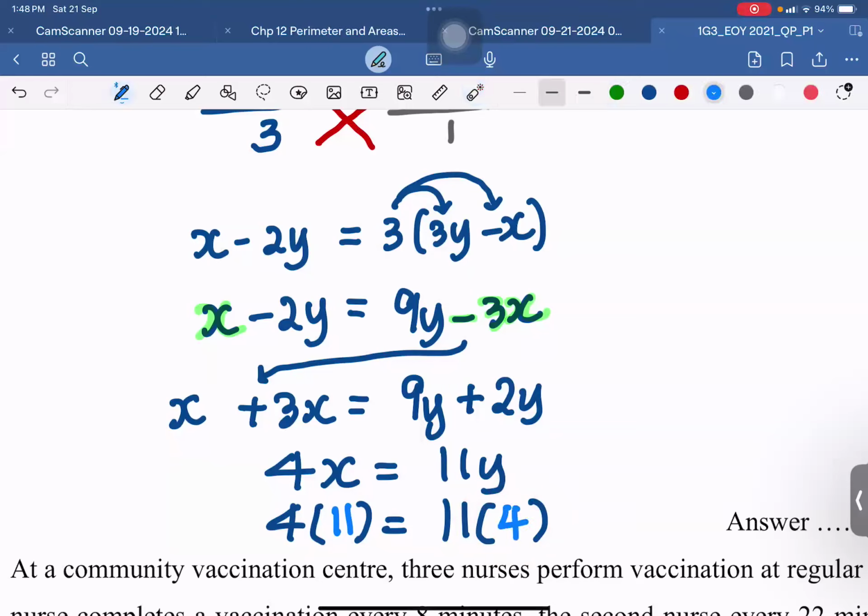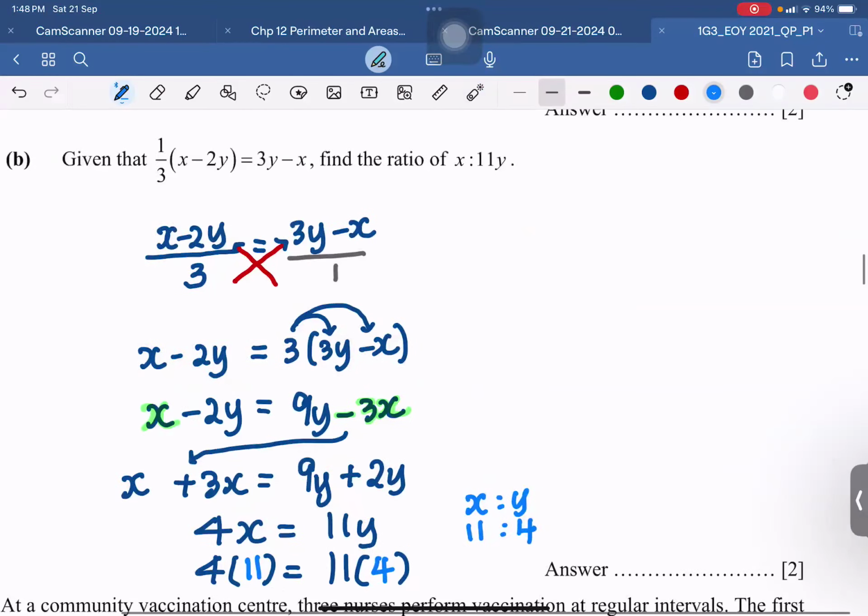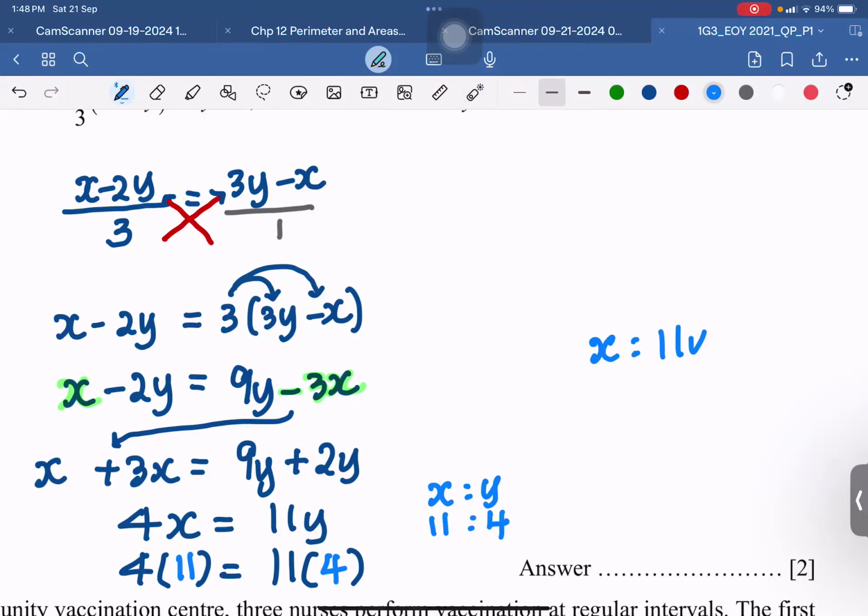So from here we can see x is to y. x is 11 units. y is 4 units. So if the question asks me for x is to 11 times y, x is now the 11 units. Then 11 times y will be 11 times 4, so 11 is to 44.